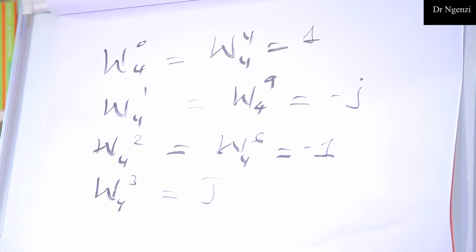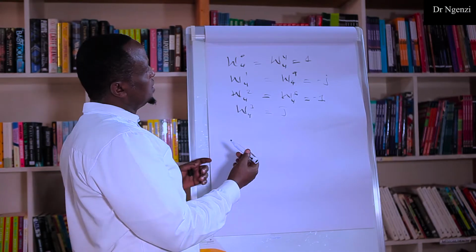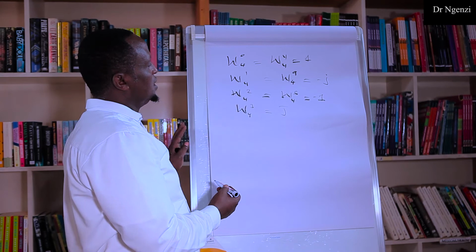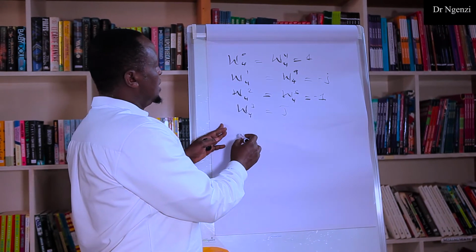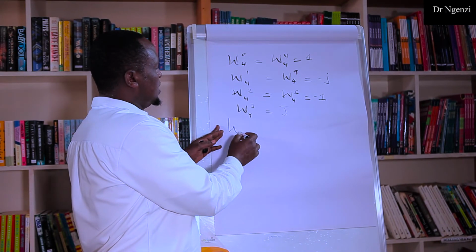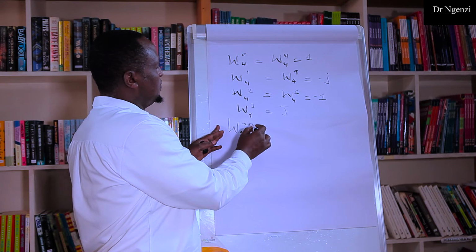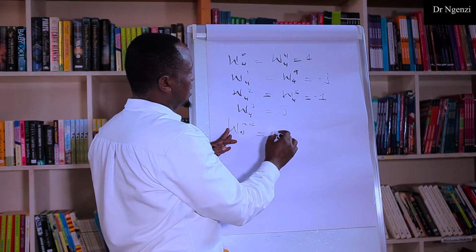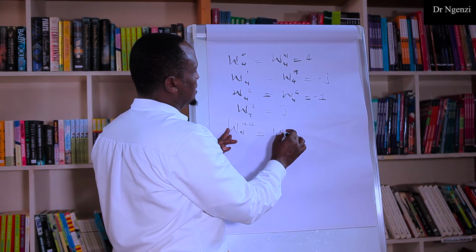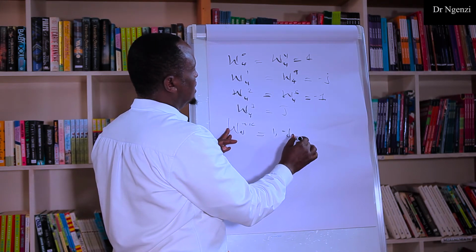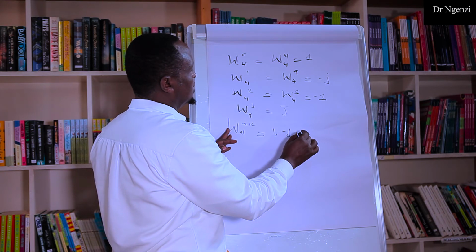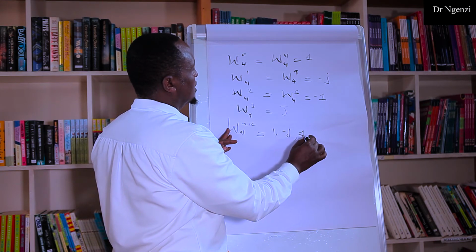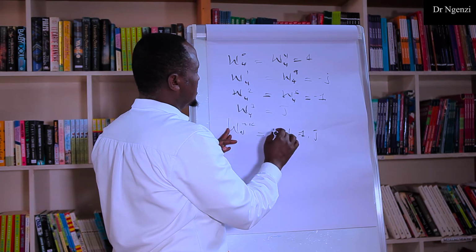So you remember when we are just distributing these values, you can see that if you supply any values for Wn of nk, you get 1, negative J, -1, and J in this case.